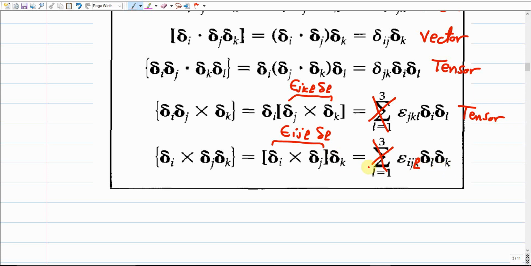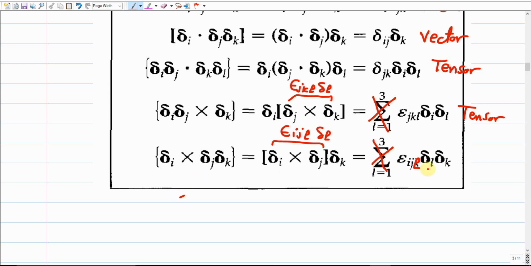Okay, this is just a correction. This is a typo in the textbook, so it should be L, because we already used K here. We are doing delta I cross delta J, so it should be epsilon IJL delta L and delta K. You're just going to carry on the delta K as it is.